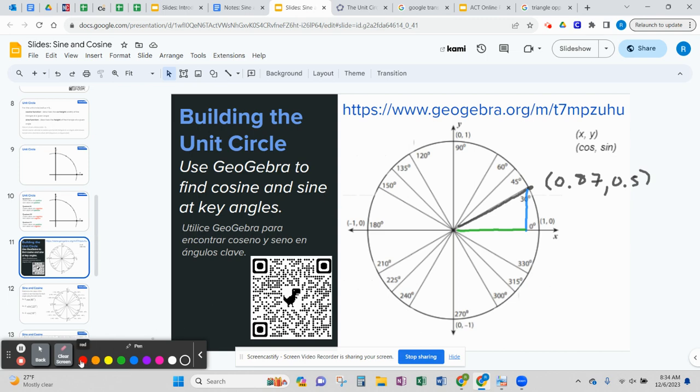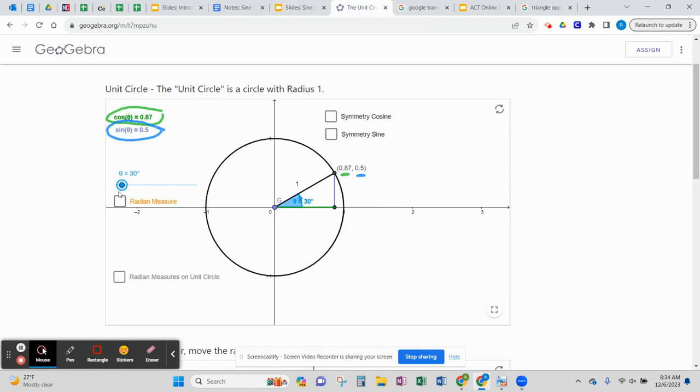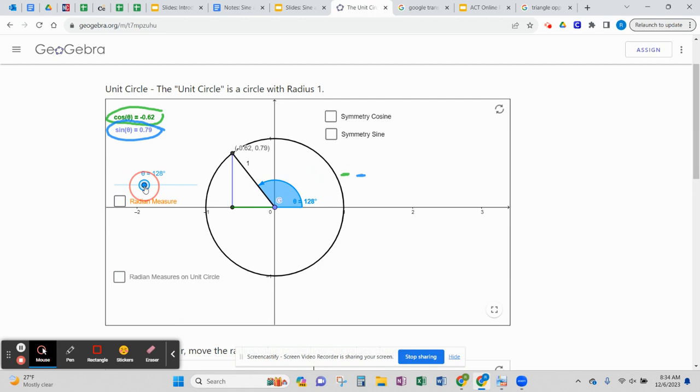Notice how as you go around, our cosine and sine are always going to line up with our x and our y. So let's try one more together. Then I'm going to ask you to complete the whole thing by yourself. So if we go over to, let's say, 135, we'll get a height there, we'll get a width there, and at 135, I'm going to have to use my arrows to fine tune it.